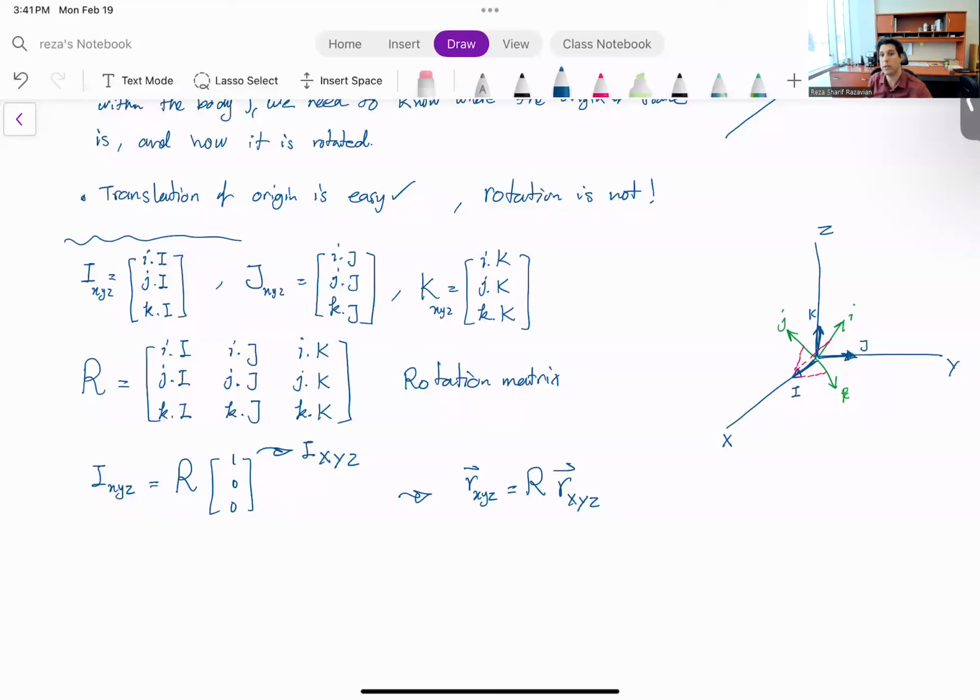So that's why we say this is a frame being rotated. And this R is going from big XYZ to the little XYZ, so essentially the rotated frame. It is the rotation characterization that we were looking for.